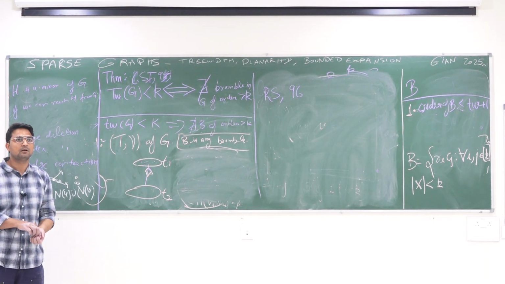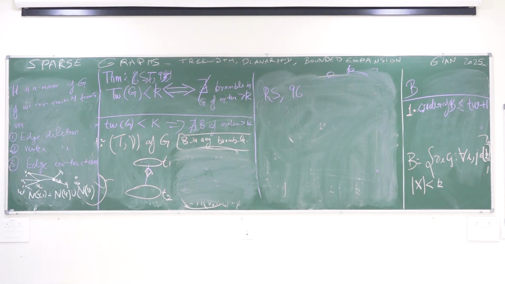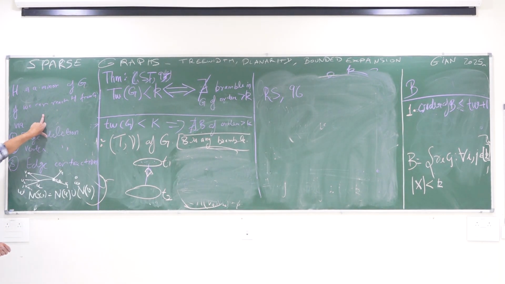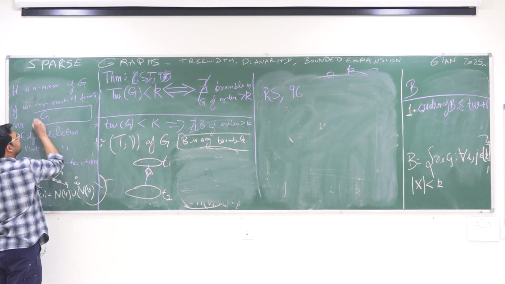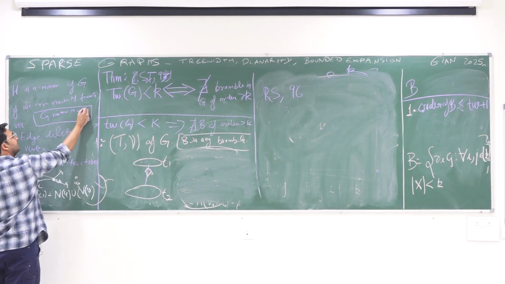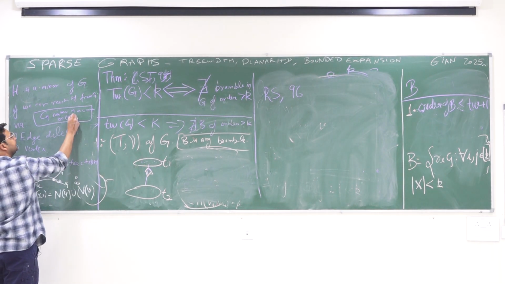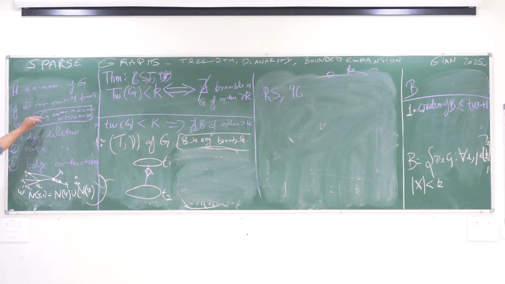Sorry? The contrast is a simple graph. Yes, you contract to a simple graph. Now, the interesting thing is that if a graph G contains H as a minor, then the treewidth of G is greater than or equal to the treewidth of H. This is what I needed.